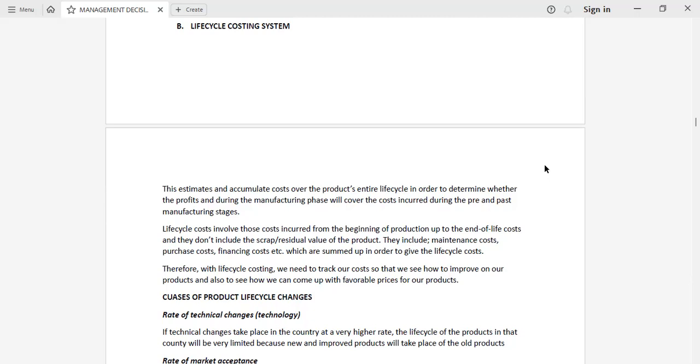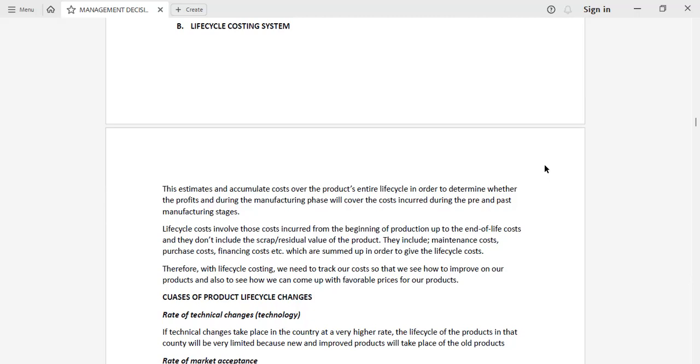But when we reach the end of the production process, we have the finished goods, and at the same time we may get residual values or scrap products that may come out. They are not byproducts, but we have them.